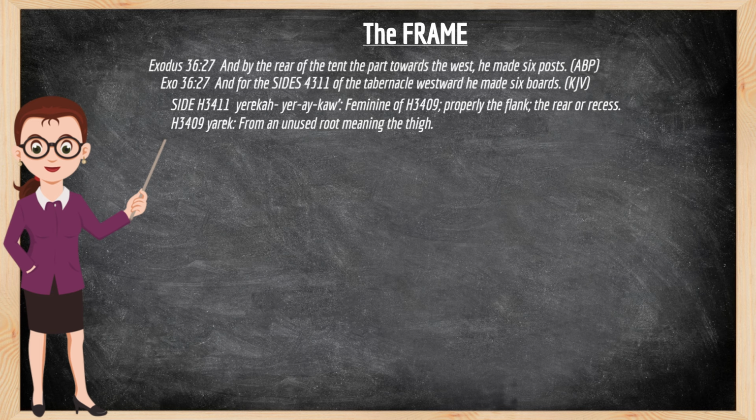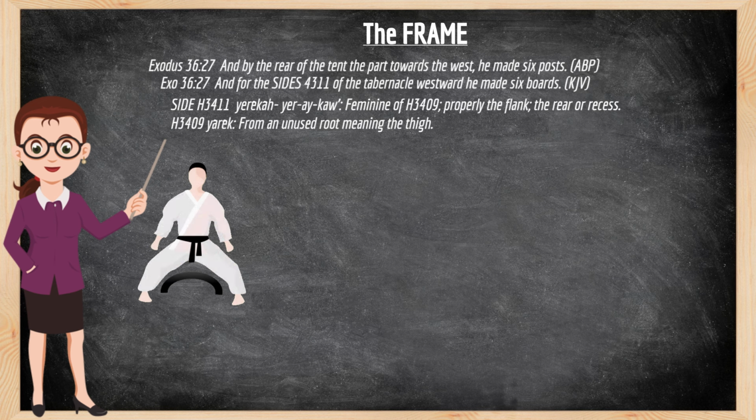This word side, H3411, is Yarekah, a feminine of H3409, properly the flank, the rear, or recess. And 3409 is Yarek, meaning from an unused root, the thigh, like the thigh of your leg.